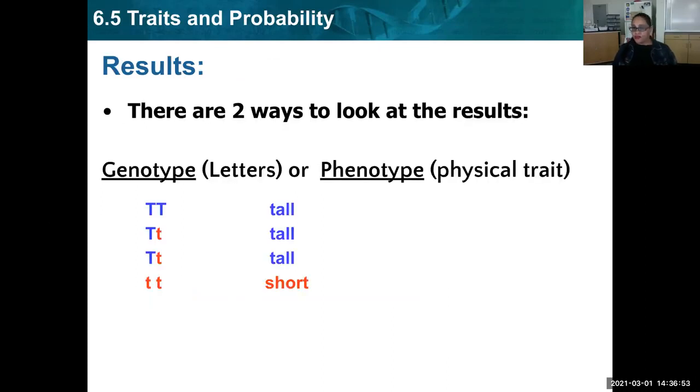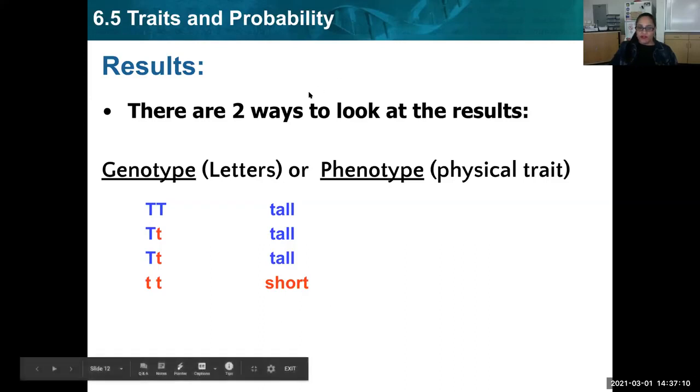And now we have to interpret the results. There's 2 ways to look at the results. We can look at the genotype or we can look at the phenotype. So that's the list of letters that we just saw from inside the Punnett square. And here I have another poll for you to determine genotype probabilities.